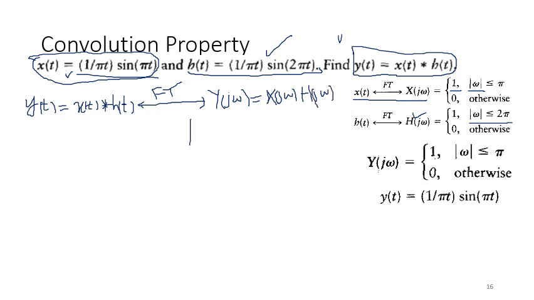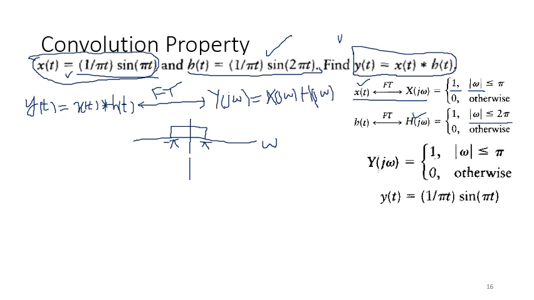If I plot the two signals, this is frequency, and for x of t, omega is less than or equal to pi. So this signal exists from minus pi to plus pi, and beyond this it is 0.